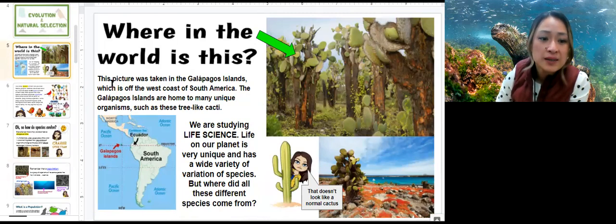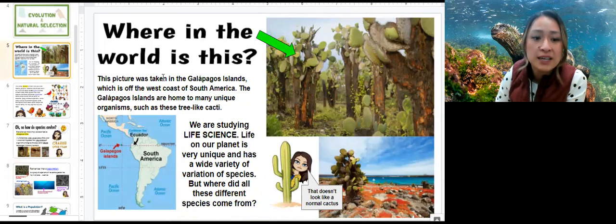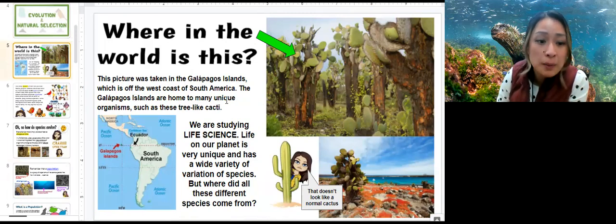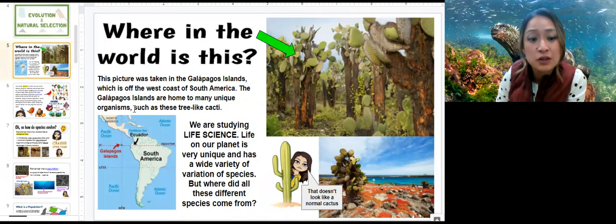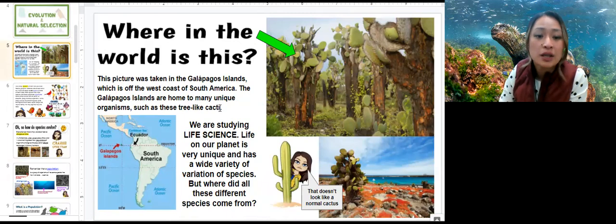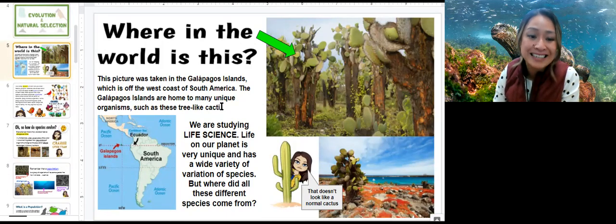And so this picture was taken in the Galapagos Islands, which is off the west coast of South America. And the Galapagos Islands are home to many unique organisms, such as these tree-like cacti. Cacti is the word that is plural for cactus.